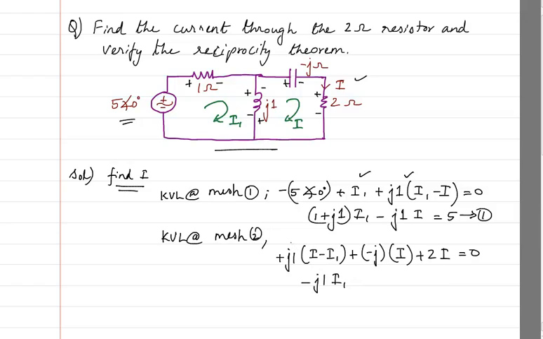As you can see, this j1 and this minus j will cancel out each other, so I will get plus 2I is equal to 0. This is going to be my second equation.